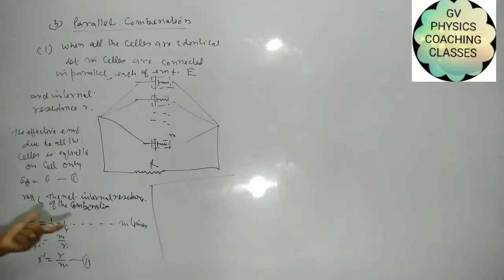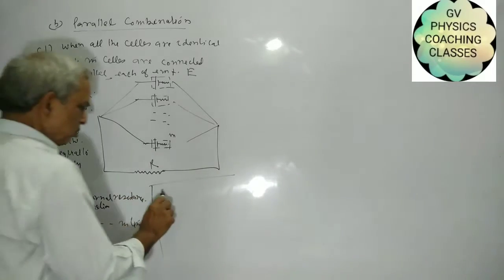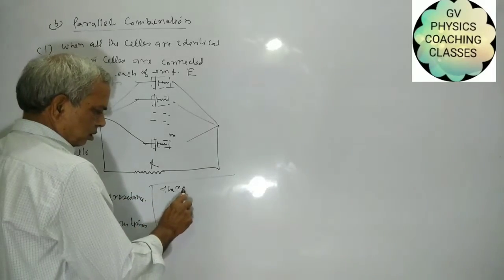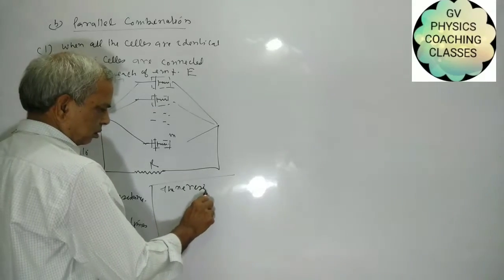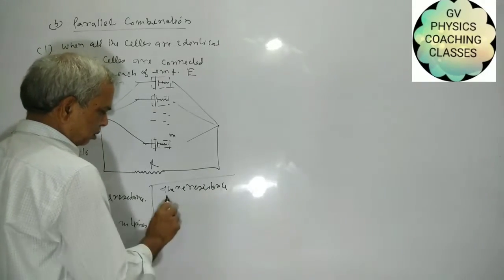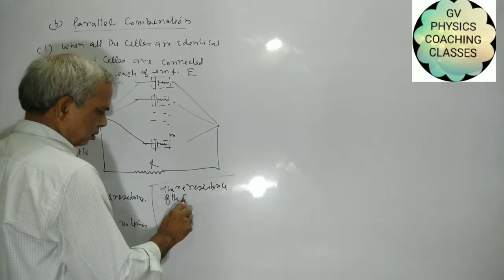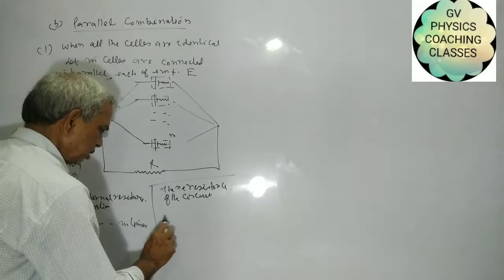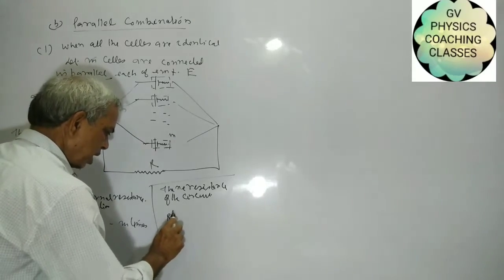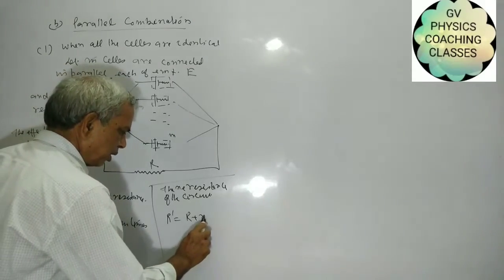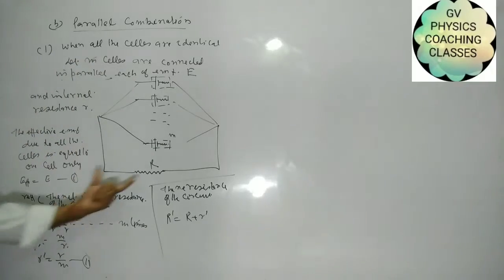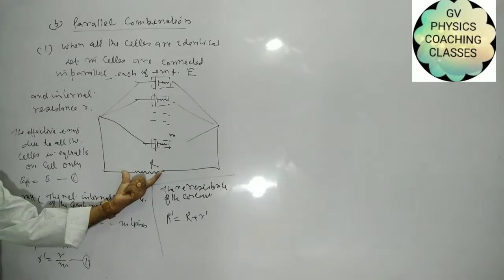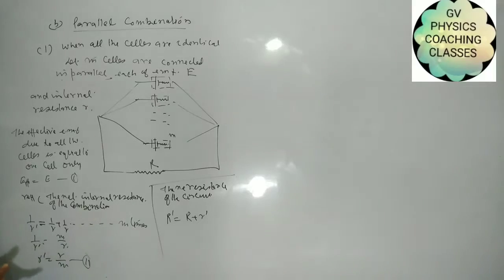The net resistance of the circuit is R plus R dash, where R is the external resistance of the circuit, and R dash is the internal resistance due to all the cells.